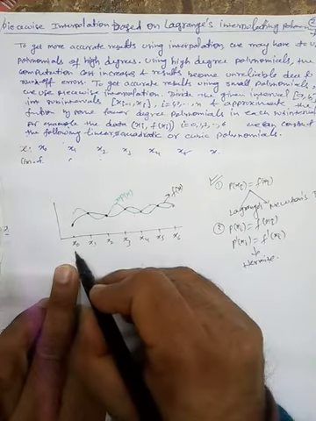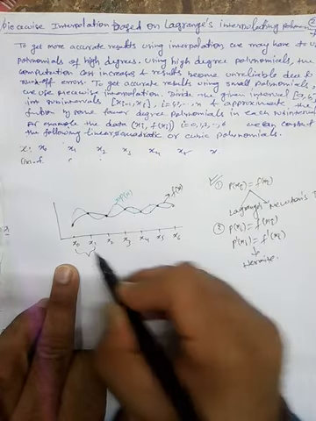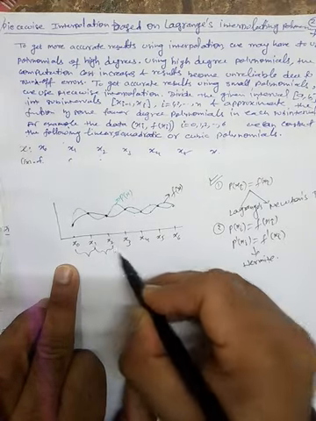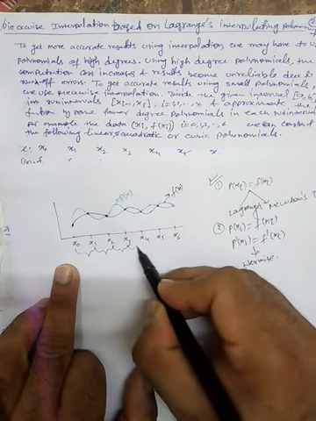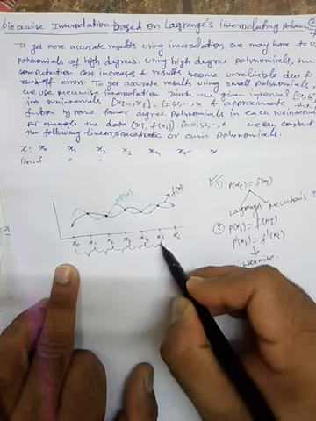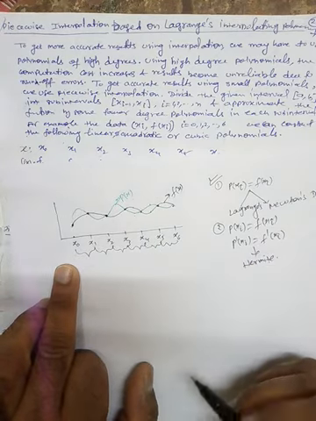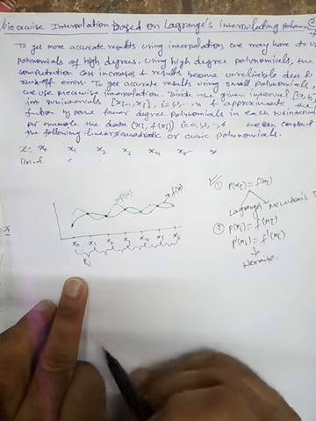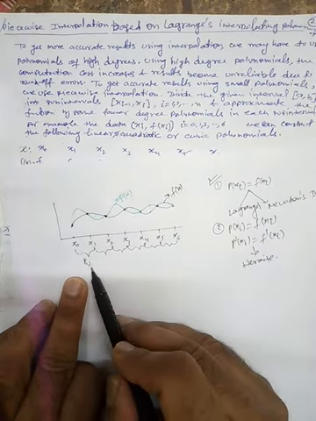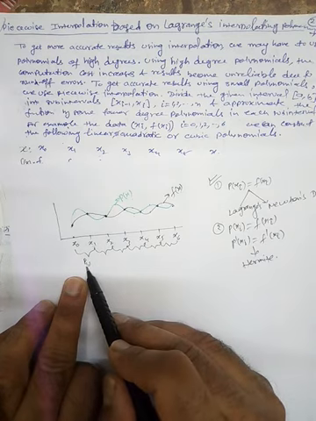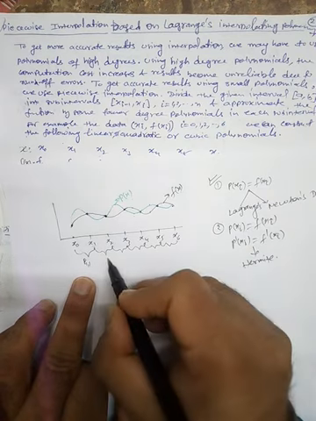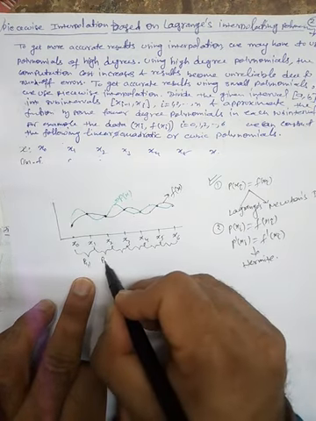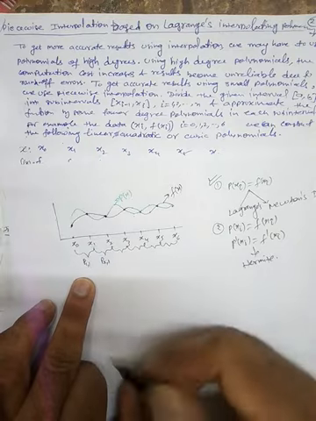Similarly, here we are joining this and this, and we will call it P11. The 1 represents the degree and the first represents the polynomial number. This is the second polynomial, so P21, a first degree polynomial.